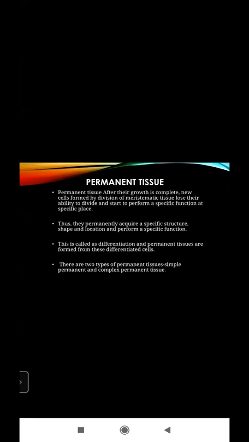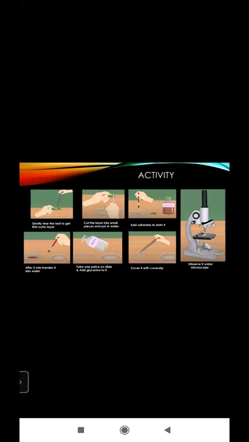They perform specific functions throughout their life. They are also known as differentiated tissues. There are two types of permanent tissues, simple and complex.